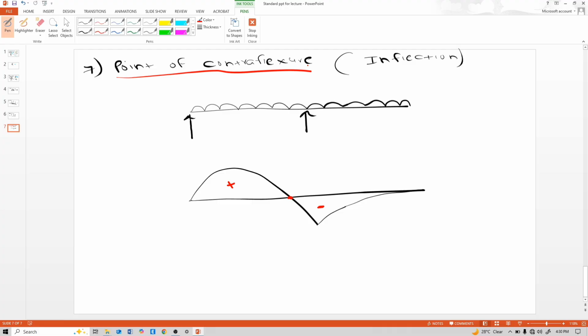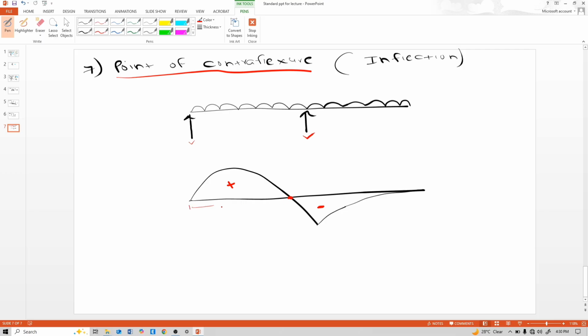The point of contraflexure is calculated by equating the expression of bending moment at section XX, as shown in this figure, to 0. So this is the point of contraflexure, and this is in an overhanging beam, between the two supports.